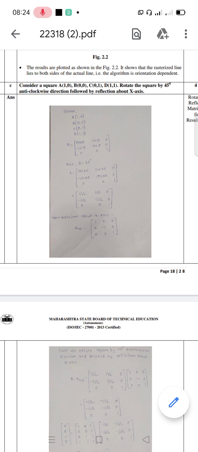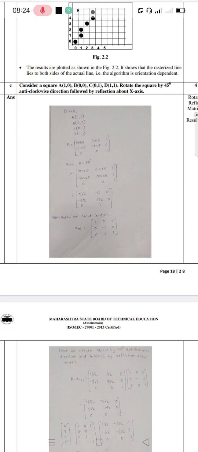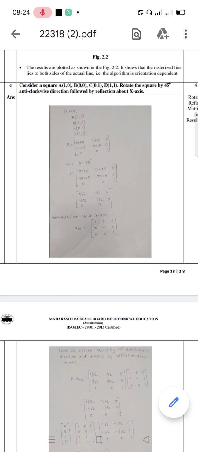So it means that here you want to carry out two transformations. Initially you want to carry out the rotation transformation, and then you want to carry out the reflection transformation. So in this problem there is a rotation by 45 degrees, and then a reflection about the x-axis. The important thing is that these problems are very easy.